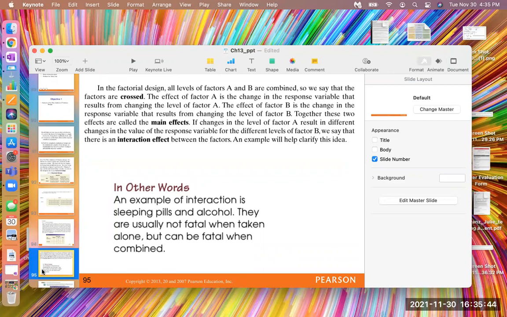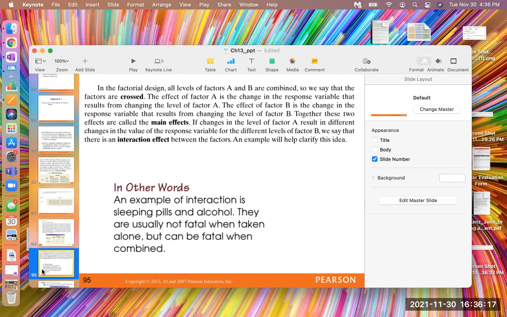And if the effects of factor A change at different levels of factor B, then we would say there's interaction going on, right?